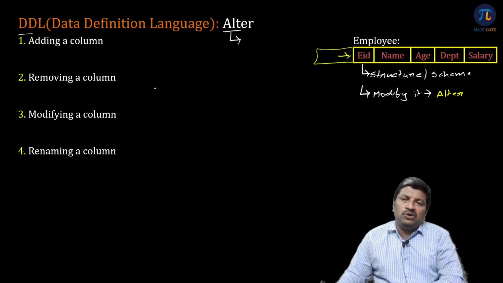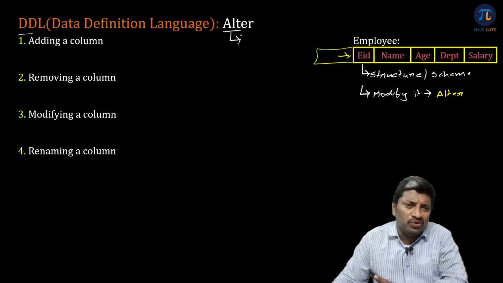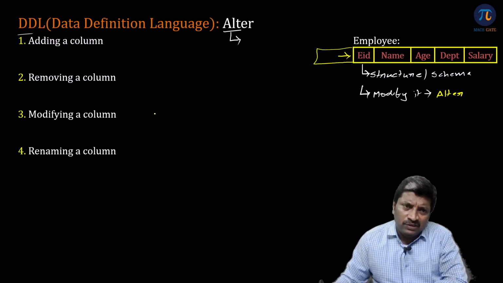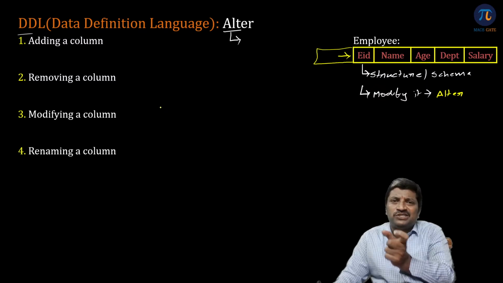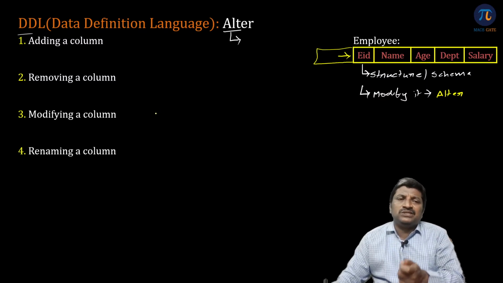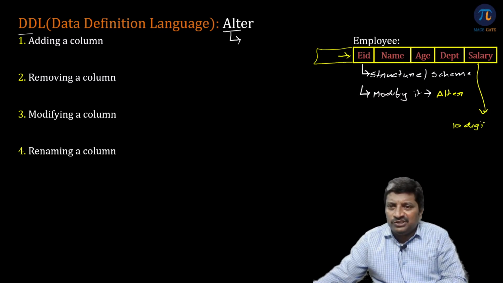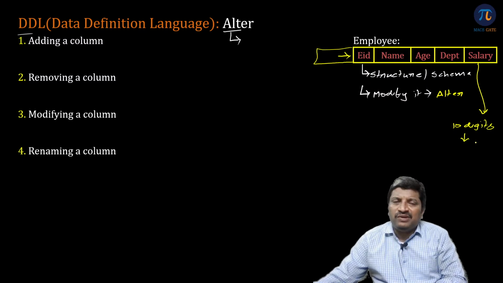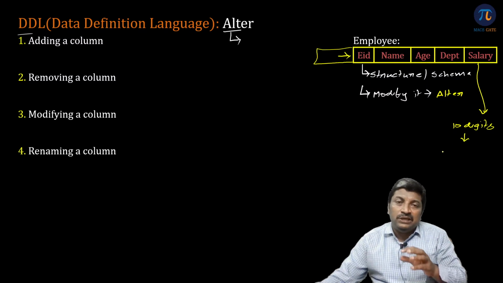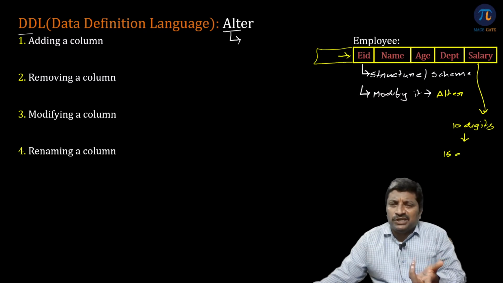Removing a column: I don't want that age, I want to remove it. Modifying a column: sometimes I want to change the data type. Something like, suppose for salary, previously I gave a maximum of 10 digits. Now I have given an increment to all of my employees. The salary crossed 10 digits. Then I may want to change the data type.